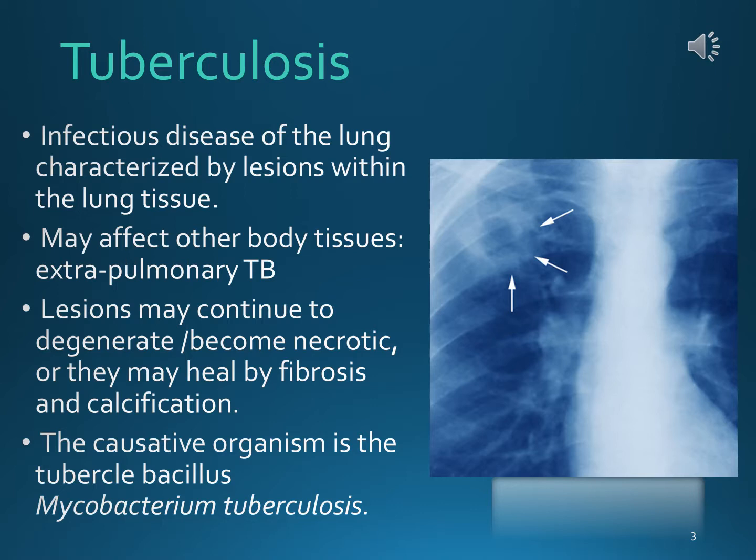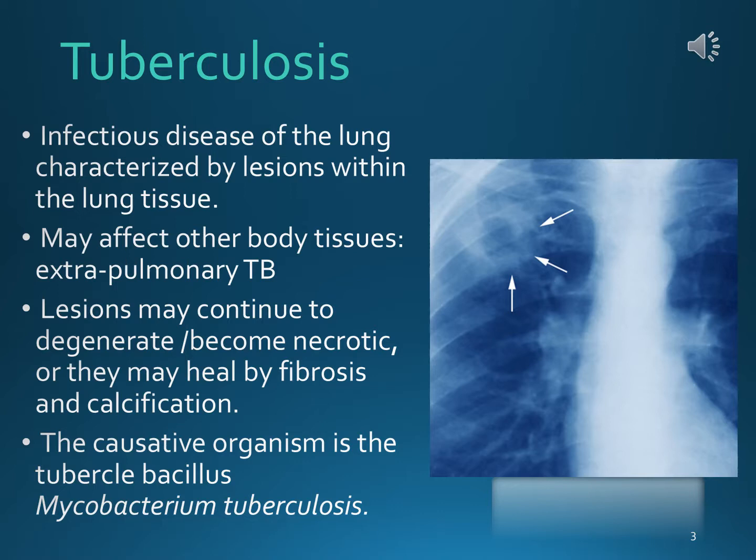So when you send sputum cultures off for TB, you will send them off as a culture for AFB, and that's how they identify it in the lab. M. tuberculosis can live in dried sputum and dark places for months, but it is killed in a few hours when it is exposed to direct sunlight.